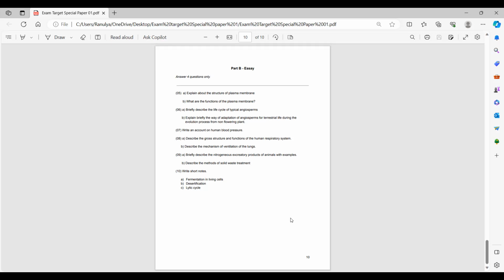Number 9. The hydrophilic heads of phospholipid face outwards into the aqueous environment of both inside and outside of the cell. The hydrophobic hydrocarbon tails face inwards and create a hydrophobic interior.